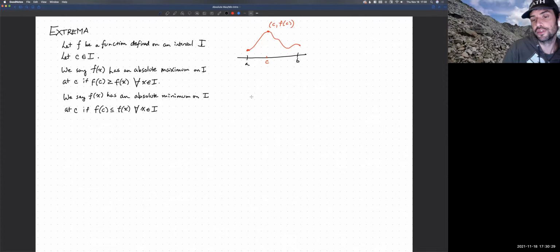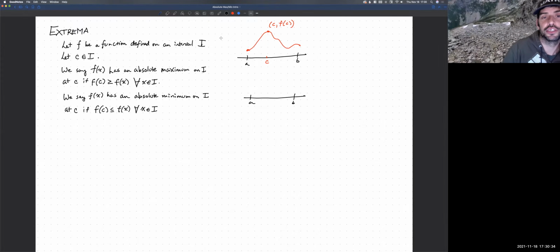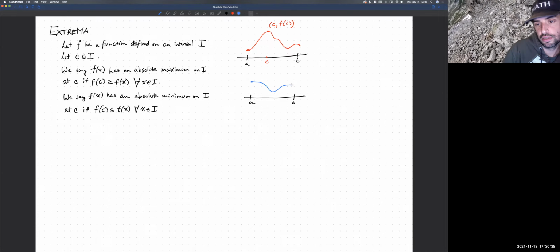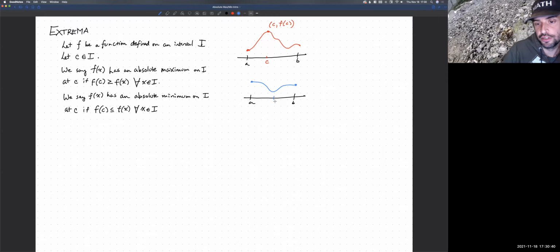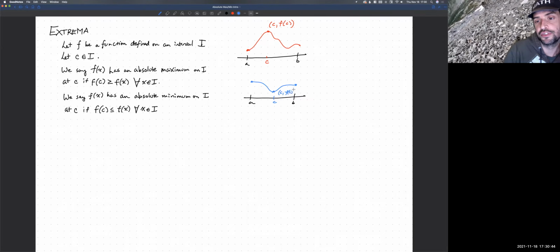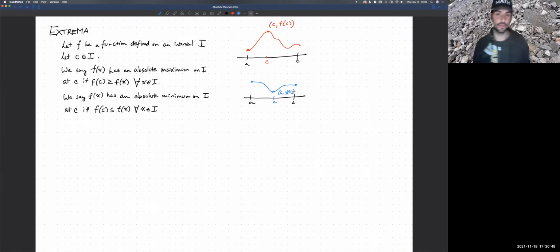All right, so pretty similar drawing. If I have some function on this interval, maybe here's my value C. This point here, C, f of C, is smaller than all the other values of the function there.